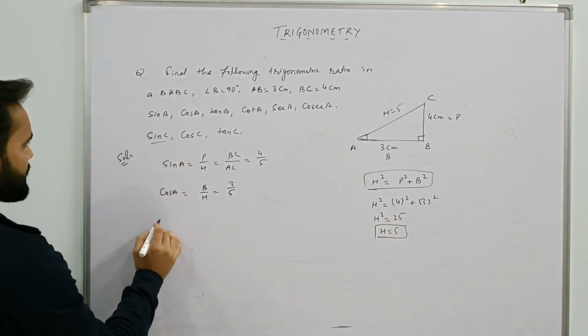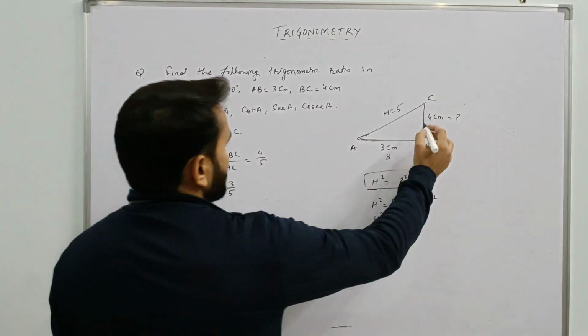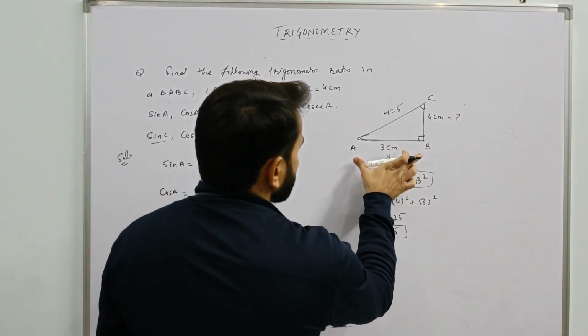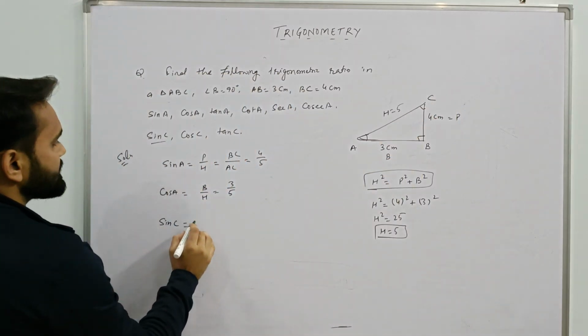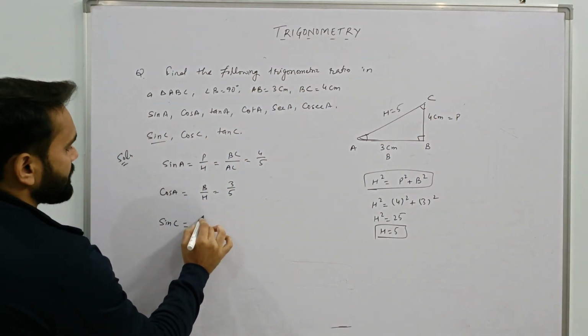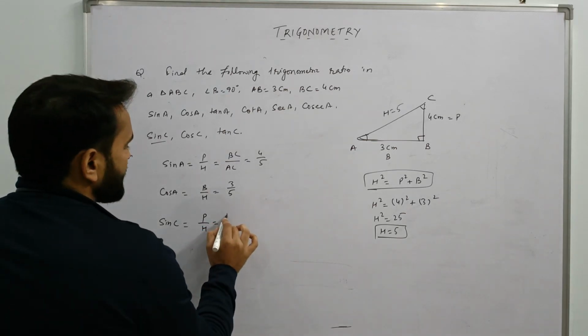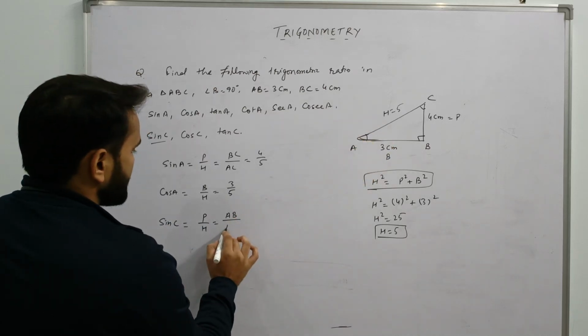Now let us try to find sin C. For this acute angle C, mind it, now perpendicular is AB and base is BC. So here sin C will be equal to perpendicular upon hypotenuse, that is perpendicular is here AB and hypotenuse is AC.